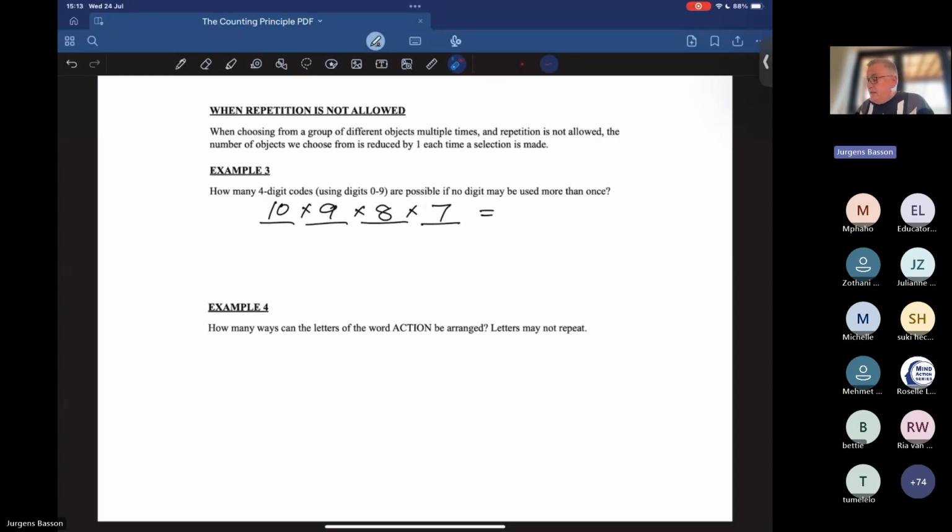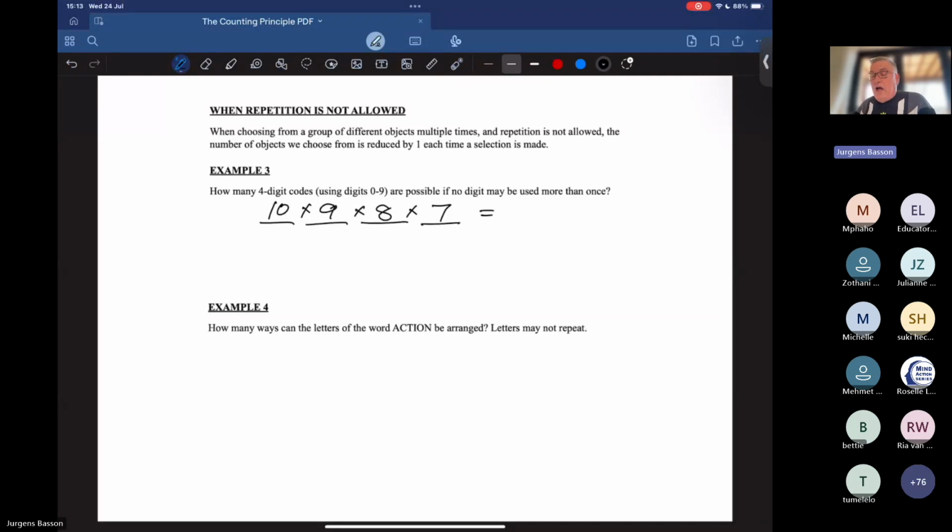And these letters may not repeat. Now, normally, if they give a word in the exam, the examiners say you only rearrange those letters. So they don't always say there is no repetition, but a word means no repetition if they didn't say repetition is allowed. Now, we're going to do ACTION now.